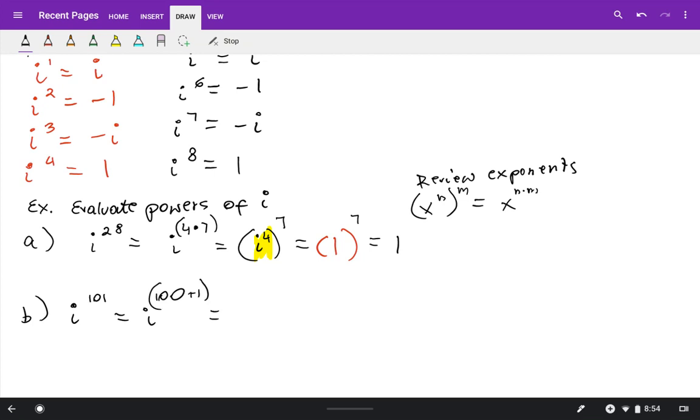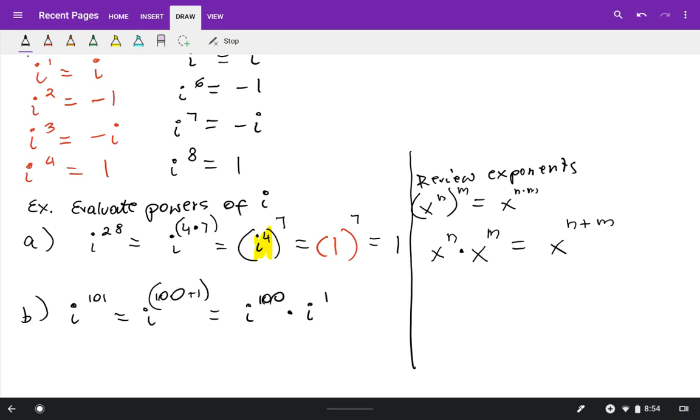And when you're adding exponents, this is the same as i to the power of 100 times i to the power of 1. Okay, so on the side here, I'm going to review some rules of exponents. When you have x to the power of n times x to the power of m, this is the same as x to the power of n plus m.